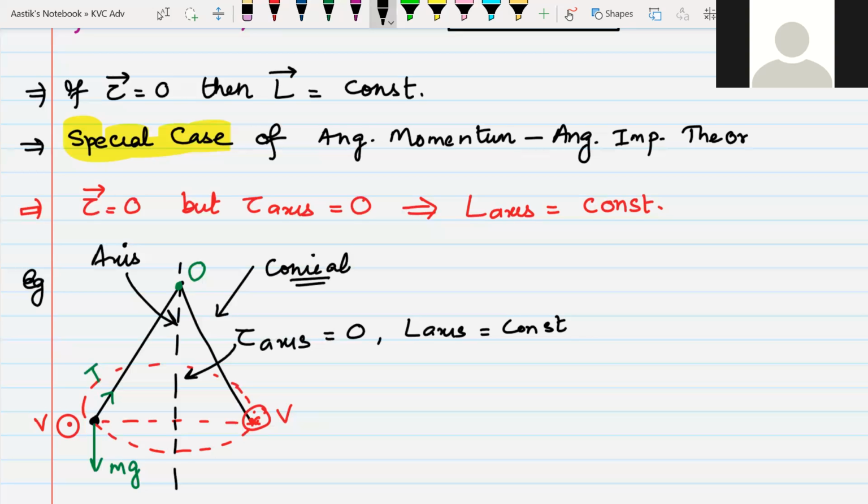What is conserved, what is not conserved, and why it is conserved and why it is not conserved. So if you understand the reasoning, well, we are done.